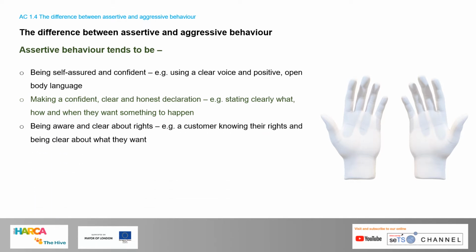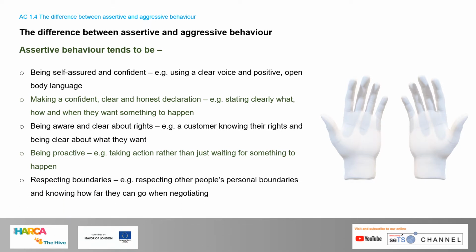Being aware and clear about rights, being proactive, taking action rather than just waiting for something to happen. Respecting boundaries, knowing how far they can go when negotiating, and being willing to defend a position, for example, not giving in to aggressive behaviour.